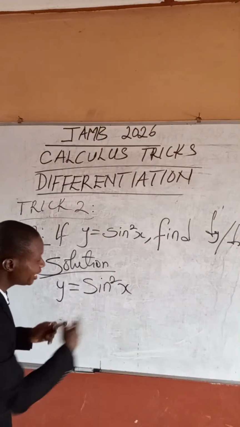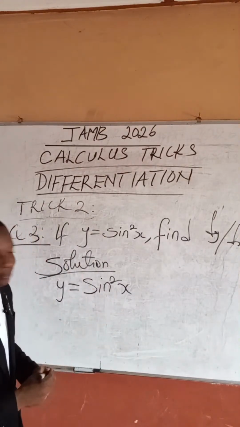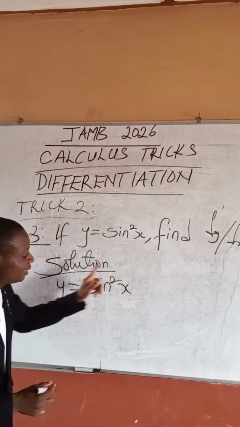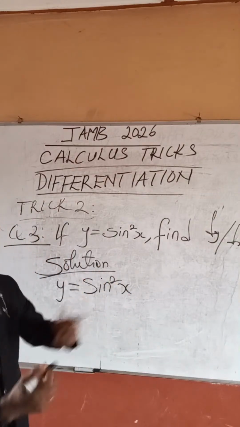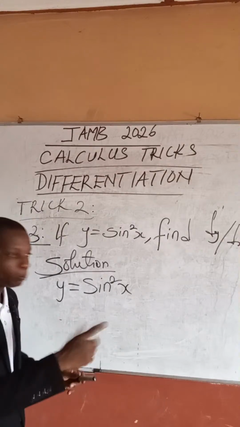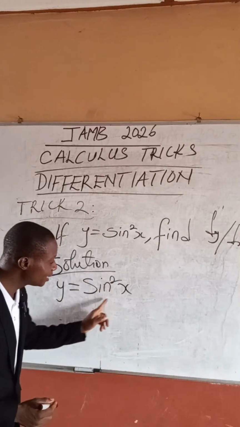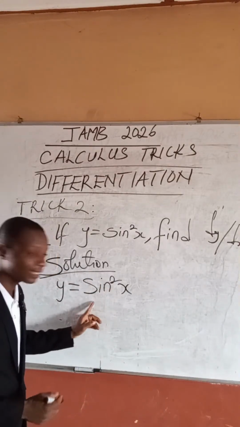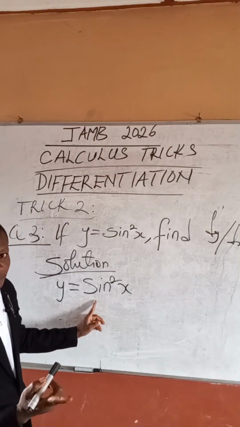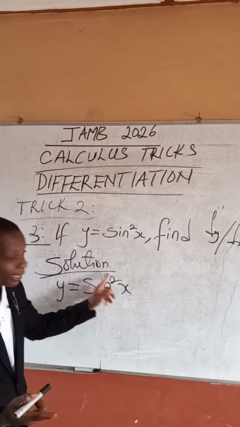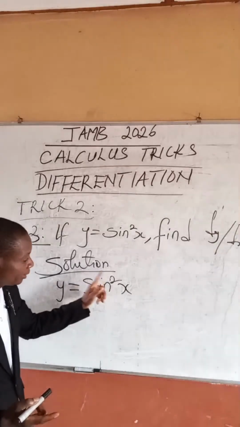This is what we are going to do. We are going to differentiate this one as if it is x squared. The whole of this, differentiate it as if it is x squared. Then multiply it by changing the sign to cos, then reduce the power by 1.